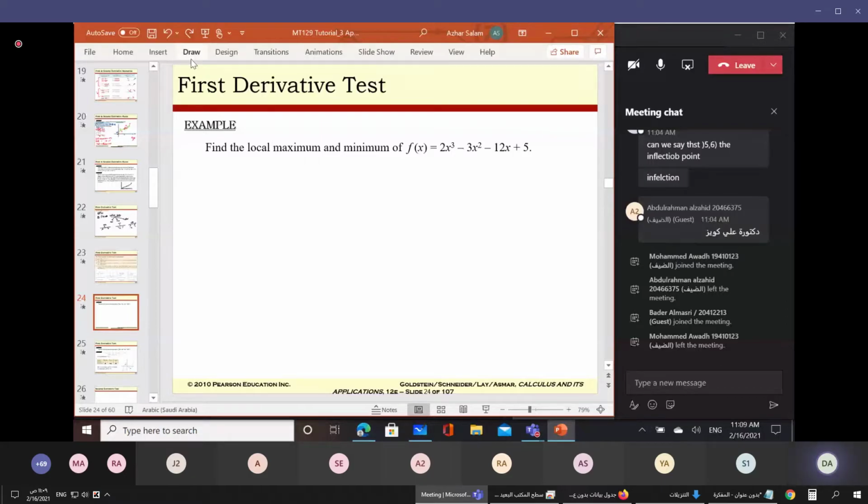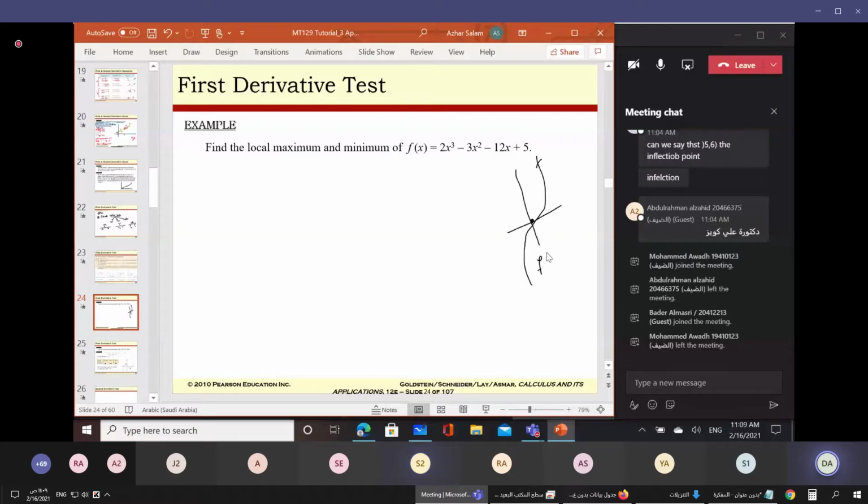Now let's take an example. For the function x cube, it increases on both sides. It's neither. I have here x cube, I will draw a sketch. Cubed or to the power 5 or any other odd exponent.